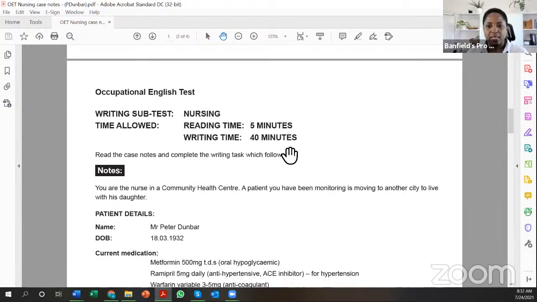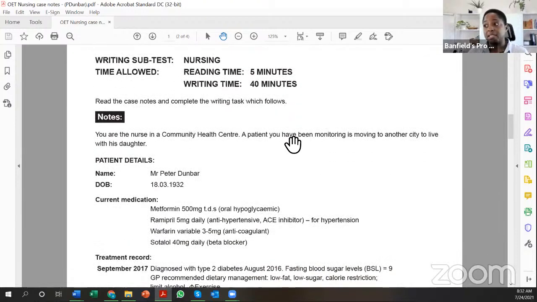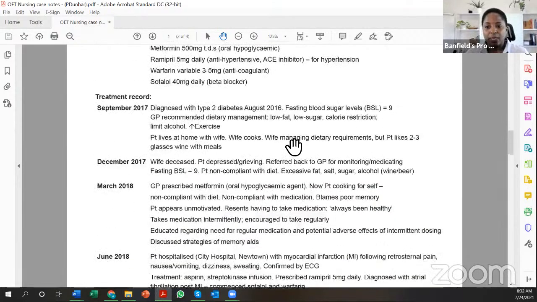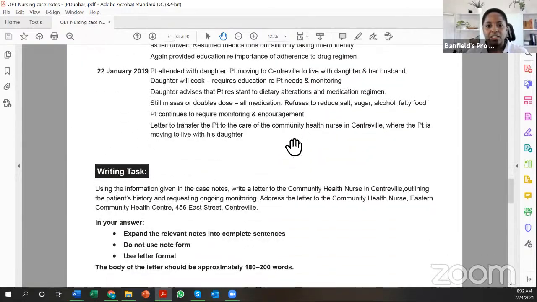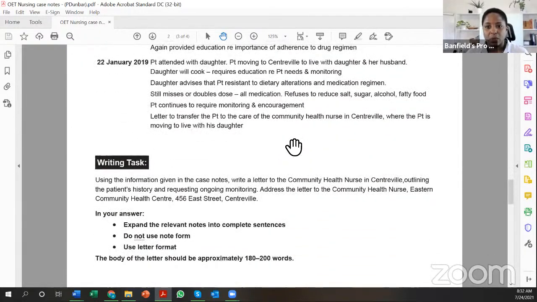Today, yes, of course, we're doing nursing. So this one is Mr. Peter Dunbar. And what I like to do is scroll right to the bottom first and check out what's going on, a quick synopsis of the situation. So this guy is moving to Centerville to live with his daughter and her husband.